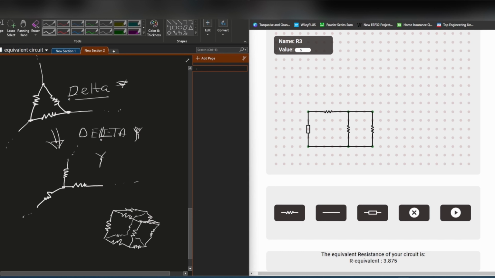There are resistors on each edge, and we're trying to find the equivalent resistance of this. Note that in order to find equivalent resistance, as we said before, it is important what our reference point is. So the equivalent resistance between these 2 points would be different from the equivalent resistance between, say, this point and this point.